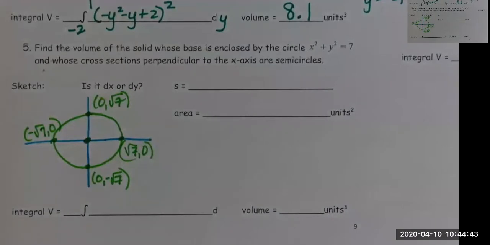Okay, the cross sections are perpendicular to the x-axis and they are semicircles. So that means we have a semicircle sticking up out of our paper.